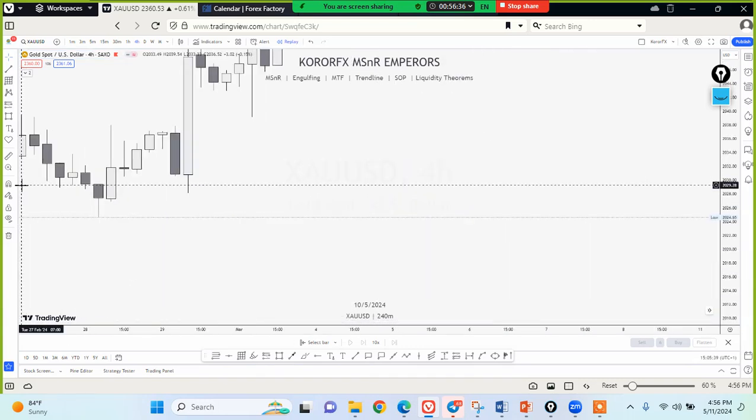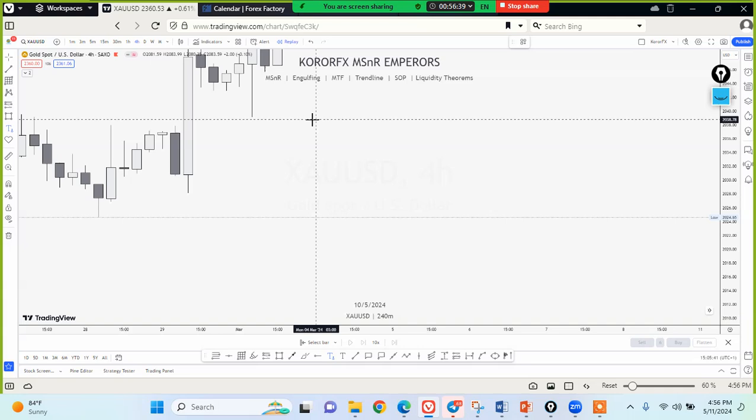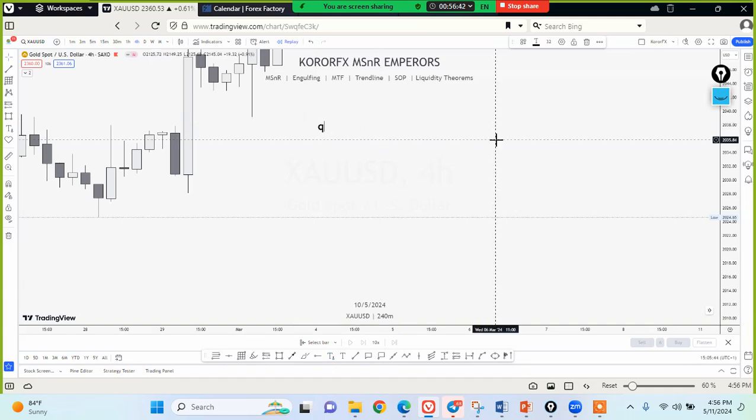QM as a term is short for Quasimodo, which we shorten as QM.